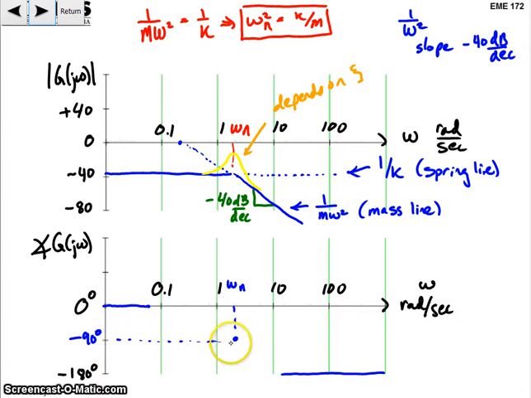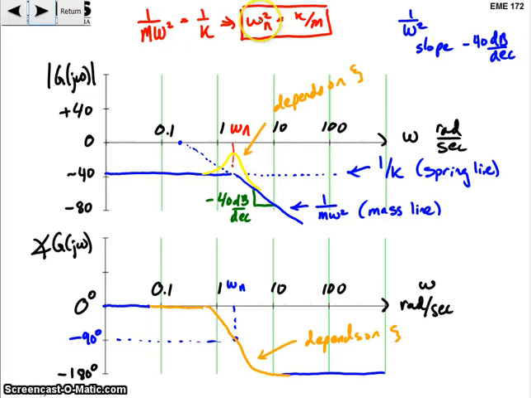Here it happens to be minus 90 degrees, twice that amount. But the transition between 0 degrees and minus 180 degrees depends entirely on zeta. Okay, so it'll do this, but how steeply it does that depends on zeta. Okay, and I'm going to show you a plot for that on the next slide.